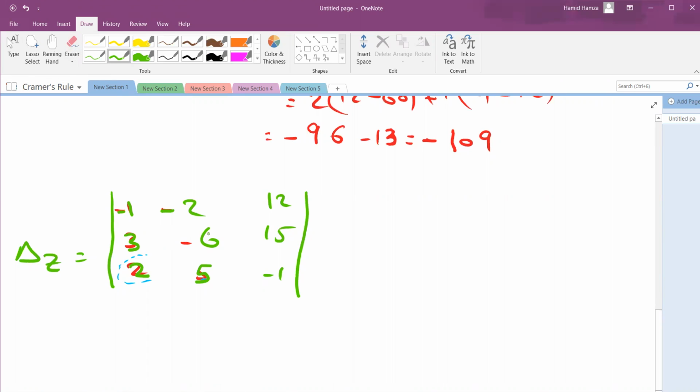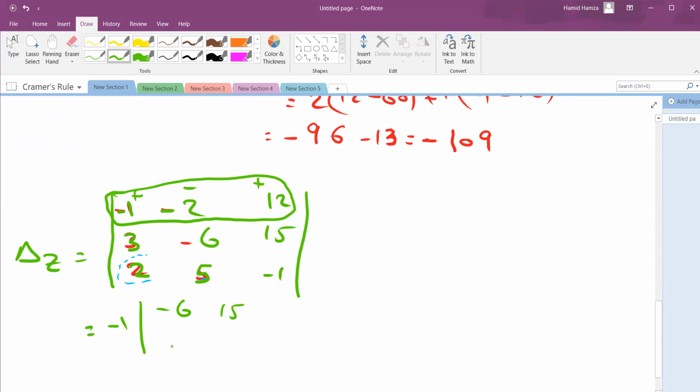Now you can use any row or any column, it's up to you, because we don't have 0 here. So we'll take negative 1, we'll use this row. This one will be positive, negative, and this one positive. So negative 1 multiplied by, eliminate column and row, negative 6, 15, 5, and negative 1.